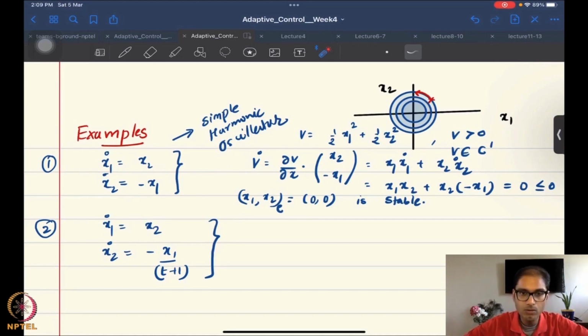Now, one thing that should be obvious is that this is a very simple system. Because it was a simple harmonic oscillator, it's a linear system, so I can in fact solve for the dynamics. The solutions will be sines and cosines. If you are not convinced, I would recommend that you solve this.